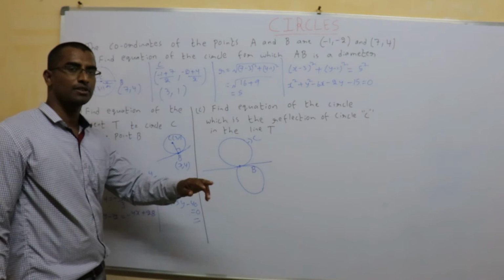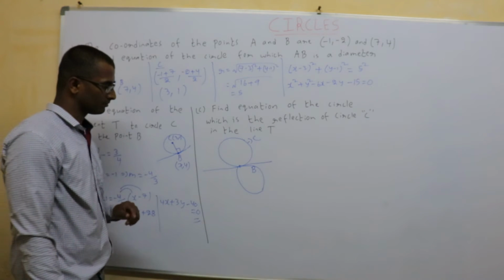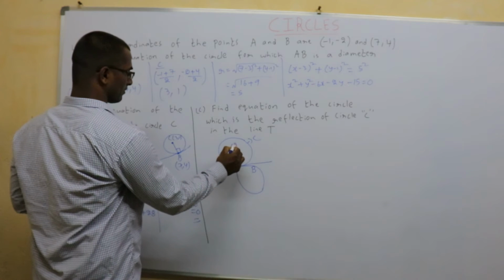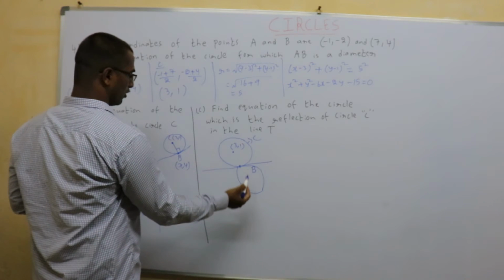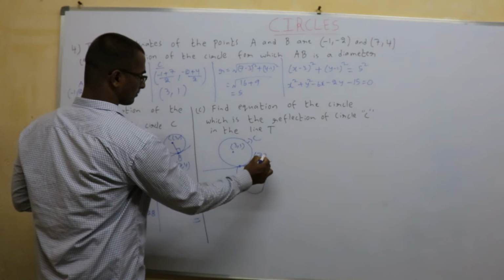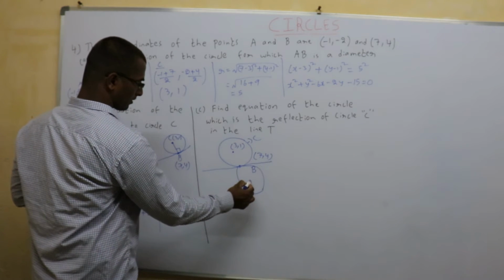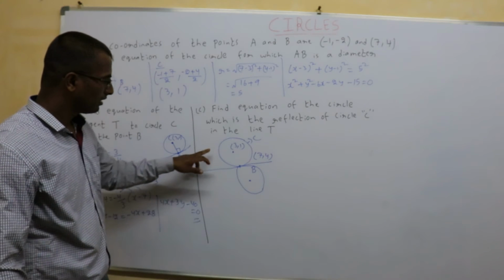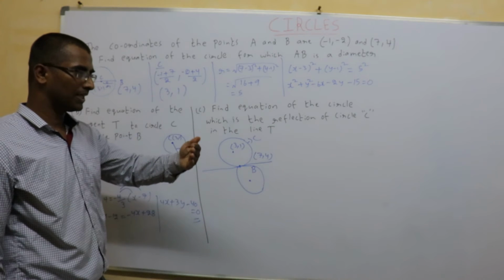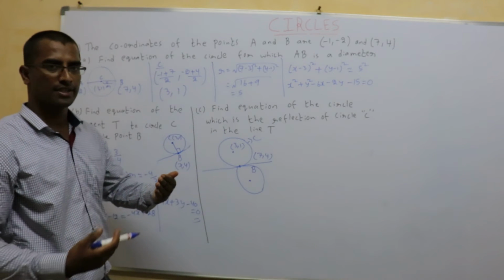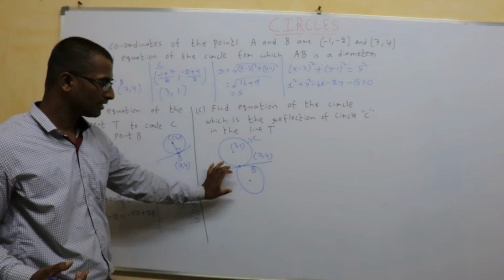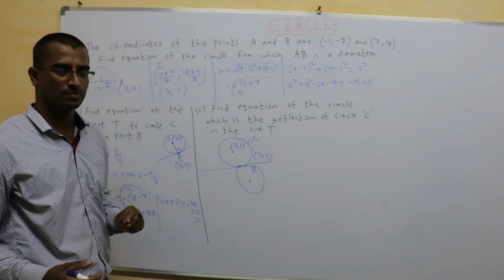This circle equation is what I need to find out. The center of this circle is (3, 1) and the coordinates of B are (7, 4). It's only the reflection, as in you see in the mirror your reflection. Size will not change. That means the size of this circle and this circle are the same.